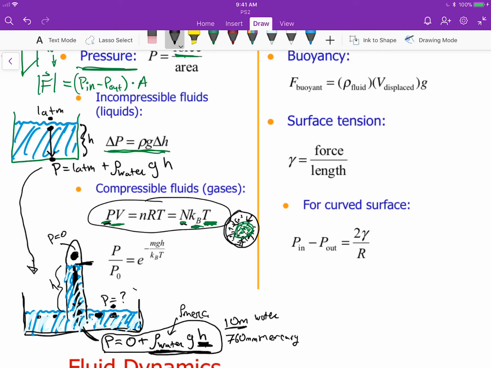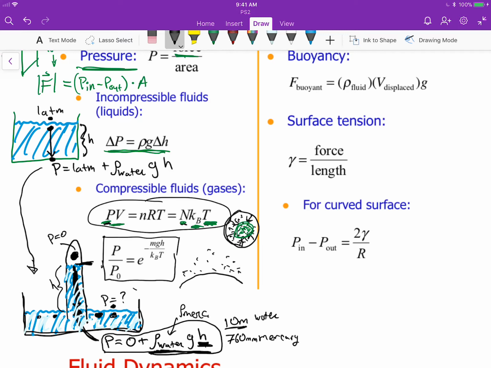One other equation, and now we're dealing with compressible fluids, was an equation we used for the pressure basically in the atmosphere. What you should keep in mind is you have a bunch of particles of air.